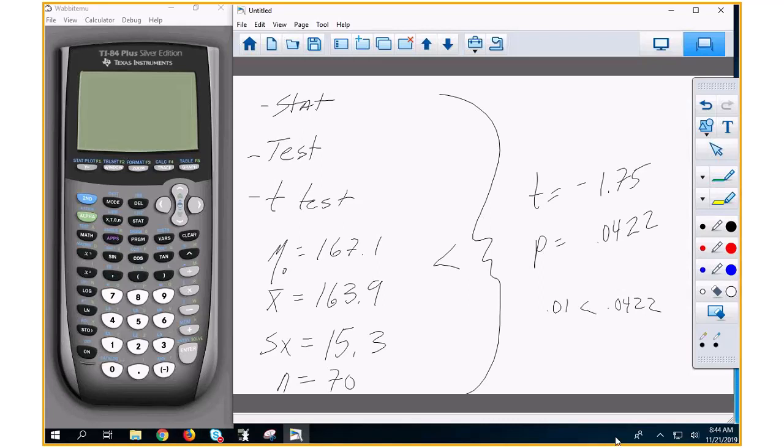This is greater, so therefore p-value is more. Okay, p-value is high, so the null must fly. So just circle the null hypothesis, and that's what's valid. So actually, if you use a calculator, it's a whole lot easier.